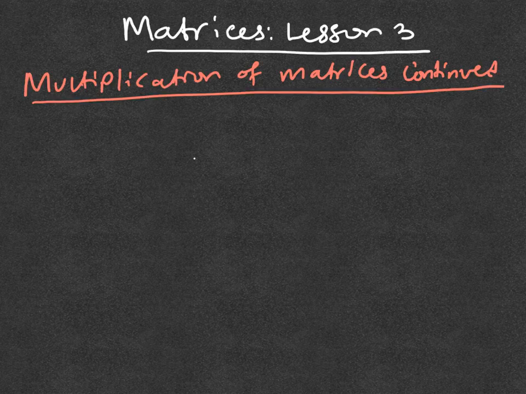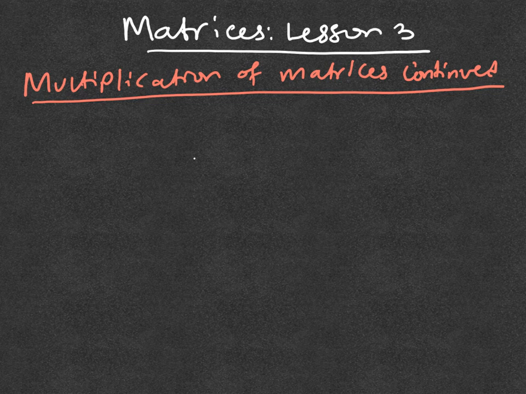We say that if we are to multiply two matrices, then the number of columns in the first must be equal to the number of rows in the second matrix. And this is the compatibility test for multiplication of matrices.